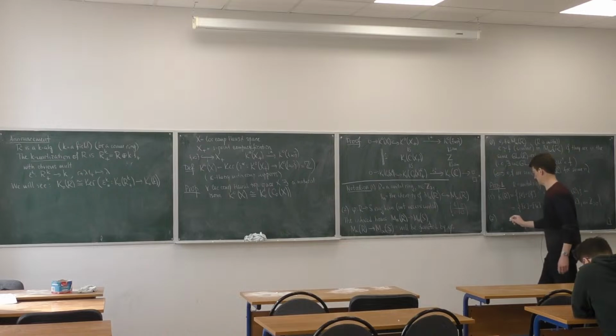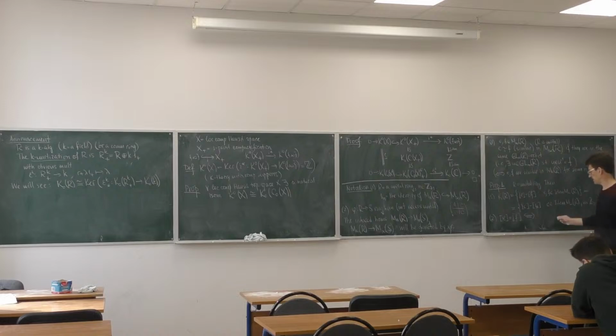Second, two equivalence classes, say E and F, in K0 of R are equal if and only if they are stably equivalent in the following sense: E plus 1n is algebraically equivalent, or equivalently similar, to F plus 1n in M infinity of R. So, by the way, let me recall that if we adopt this definition of similarity in M infinity of R, it is actually equivalent to algebraic equivalence.